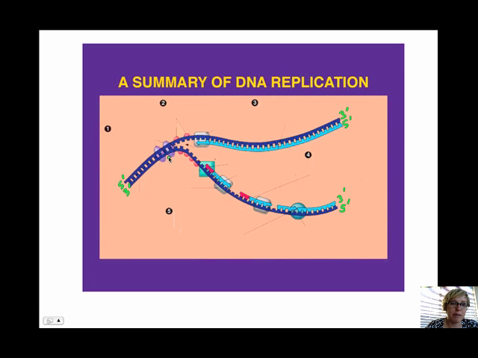Okay, so now that we have that out of the way, our first step is going to be looking at this area right here. This area is called the replication fork. And this is where replication is happening. So what causes the replication fork is this special little enzyme that actually unwinds the DNA, and that is called DNA helicase.